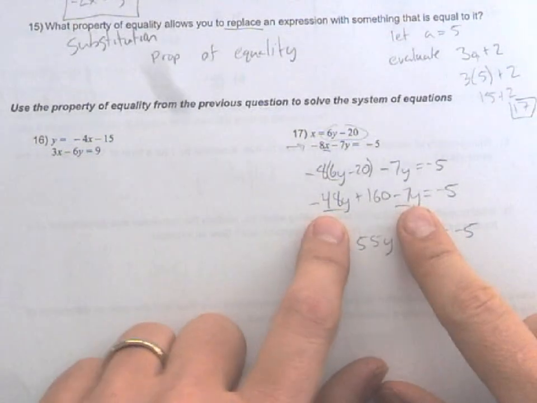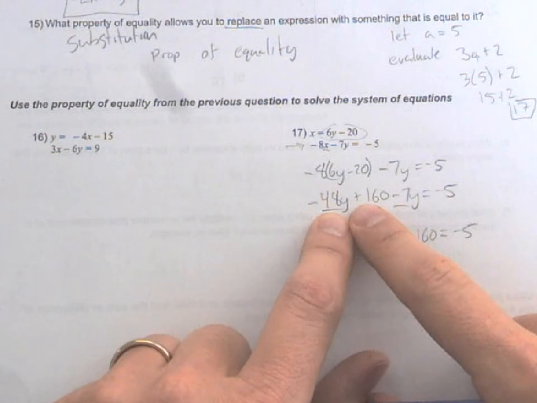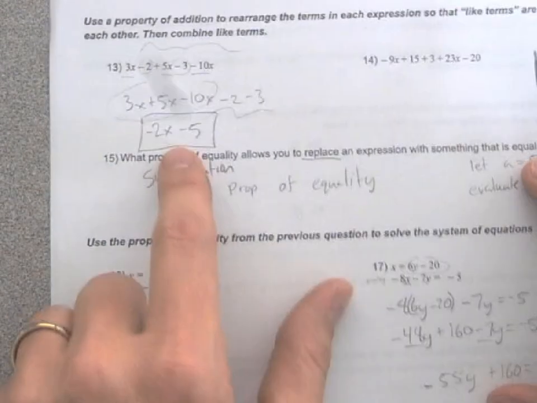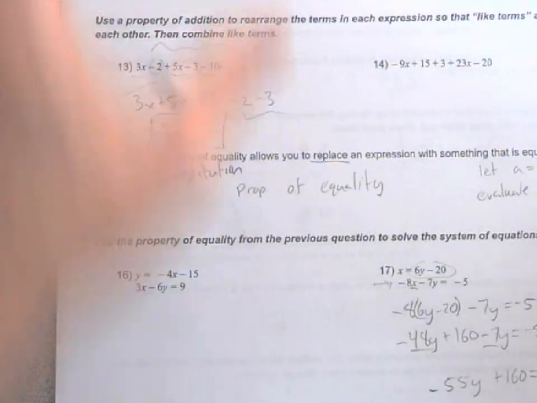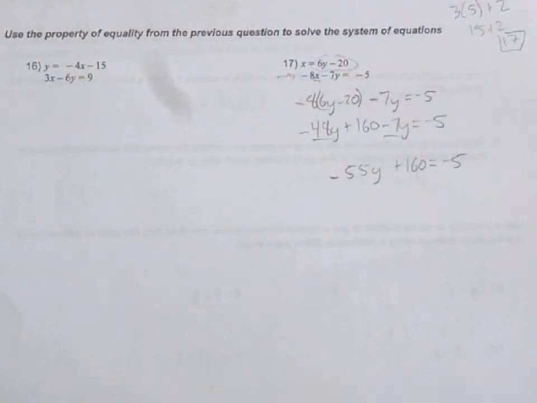Really, what's happening is I'm reordering these so that this is next to this, and then I can put them together. I usually jump over that step when I'm actually doing a problem, but kind of hidden here was the commutative property of multiplication or of addition. So I rearranged the terms in my mind so that they were next to each other. I grouped them that way and put the y's together.